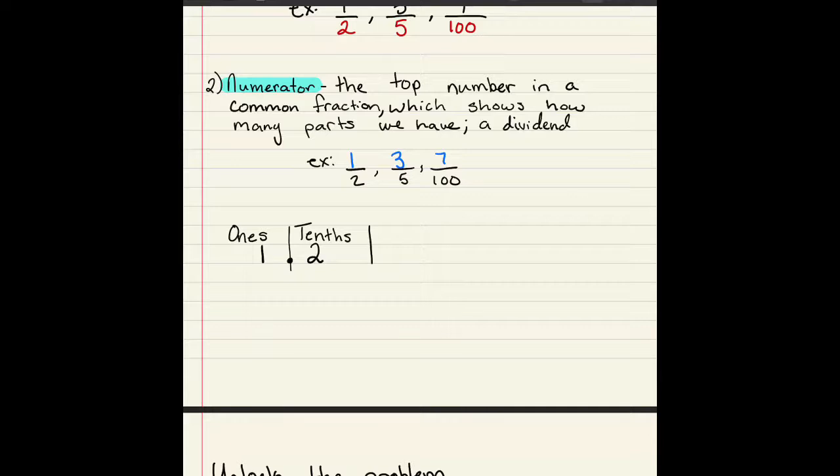If we had 1.23, the 3 is in the hundredths. And let's say we had 1.234, the 4 is in the thousandths.